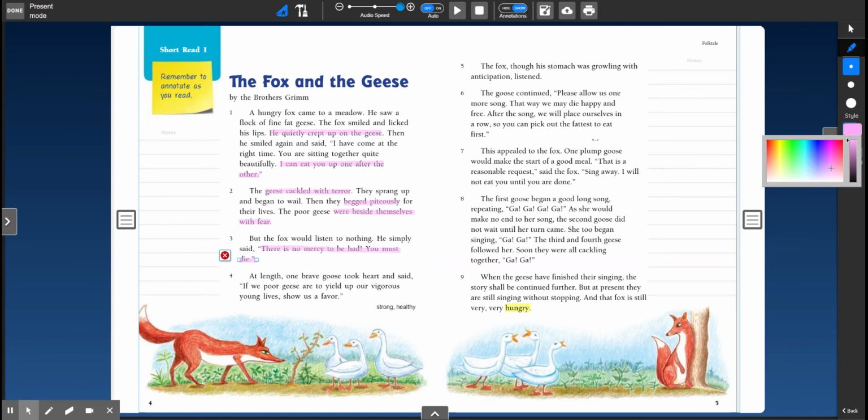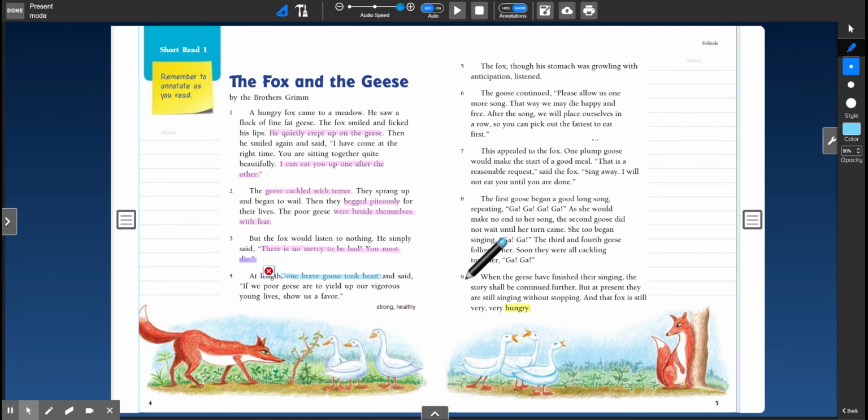Okay, so now I want you to grab your other colored highlighter, and now we're going to highlight the solution. I want you to look back in paragraphs 4 and 6. In paragraph 4, we know that one brave goose took heart, which means she stood up and says, hey, why don't you let us do this first?